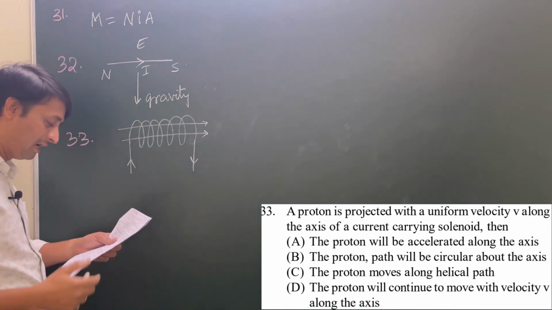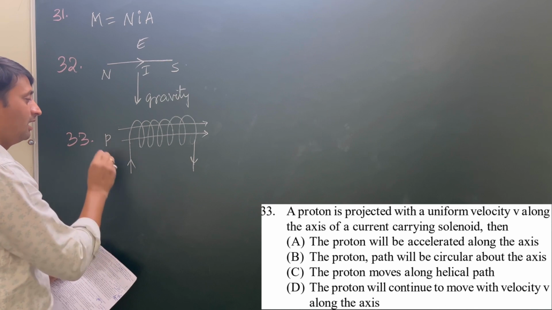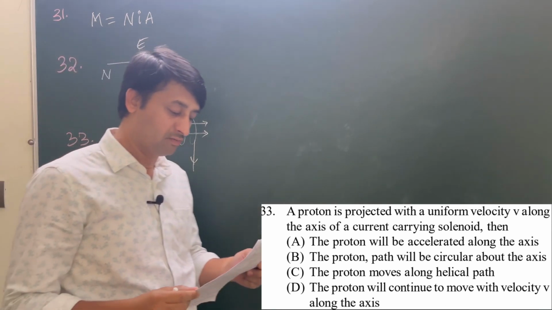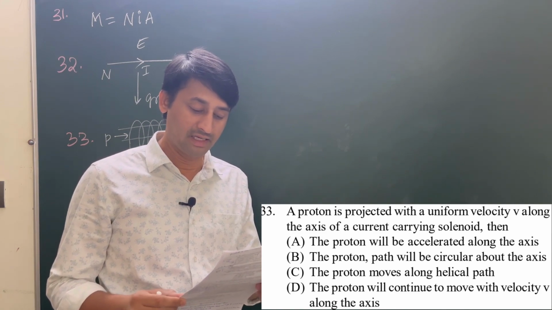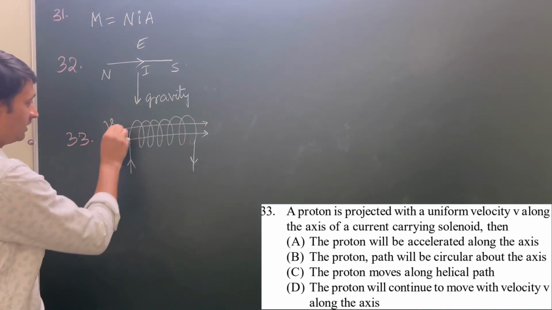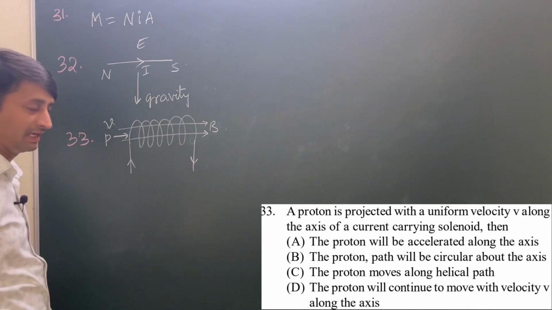Now they have projected a proton here. A proton is projected with a uniform velocity v along the axis of the current carrying solenoid. Here the direction of velocity and magnetic field both are in the same direction.